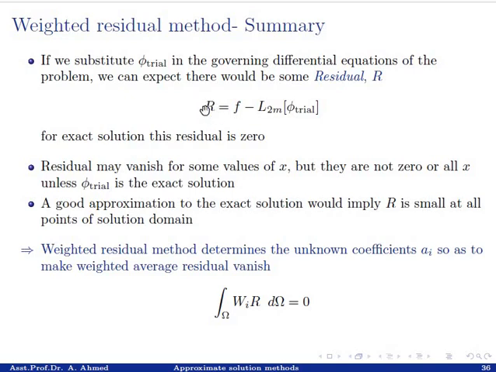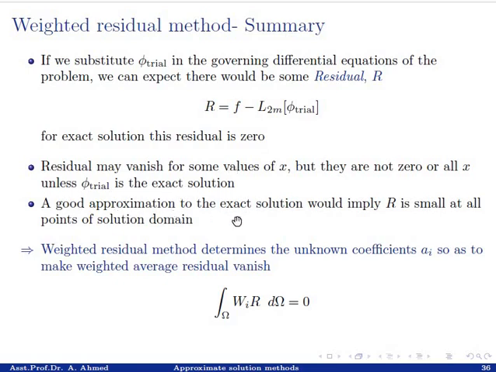Now our key task is that for phi trial to be the exact solution, this residual must be equal to 0, or approximately approach 0. At least it should approach 0. It is possible that this residual may vanish for some values of x. At some particular location, the residual of this differential equation might be equal to 0, and this phi trial solution might be representing the exact solution at some particular points in the body, but not for all values of x.